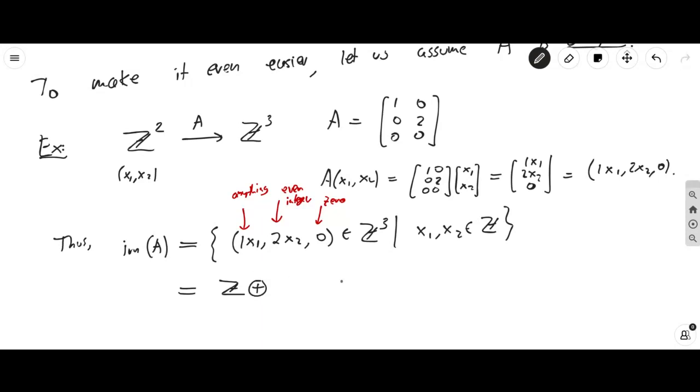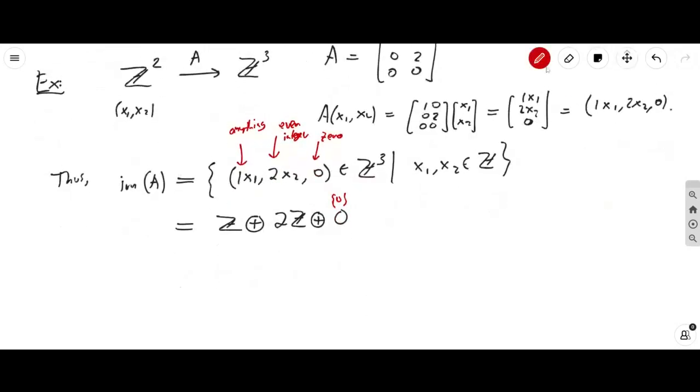But let me just write the direct sum. Then you would write 2Z, because the second coordinate always has to be a multiple of 2. And for the third coordinate, I'm just going to put 0, and by 0, I mean the group just containing the 0 integer. So the Cartesian product of these three tells you that the first is any integer, the middle coordinate is always a multiple of 2, and the third coordinate is always 0.